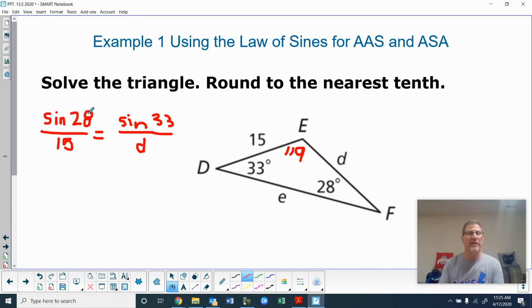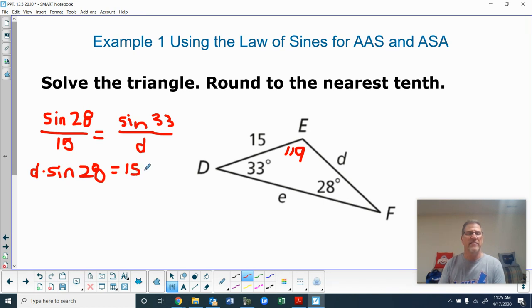So you cross multiply, cross multiply and divide. So that's D times the sine of 28 equals 15 times the sine of 33.